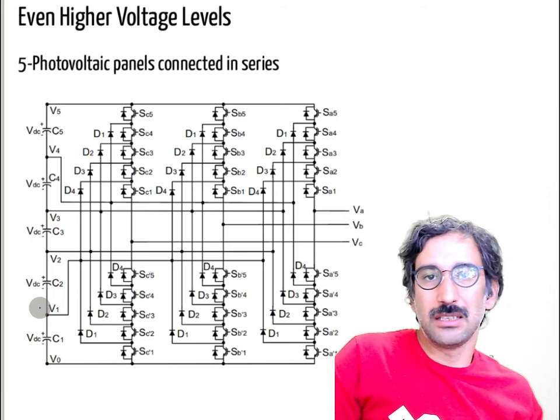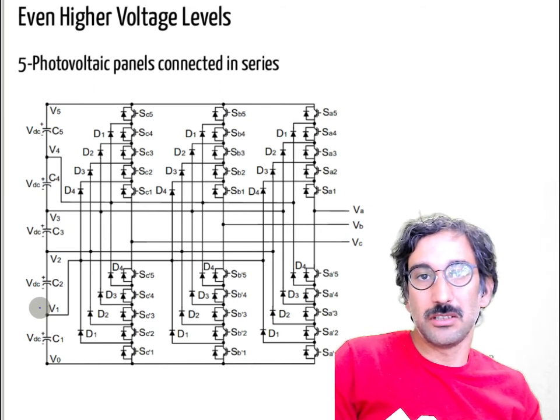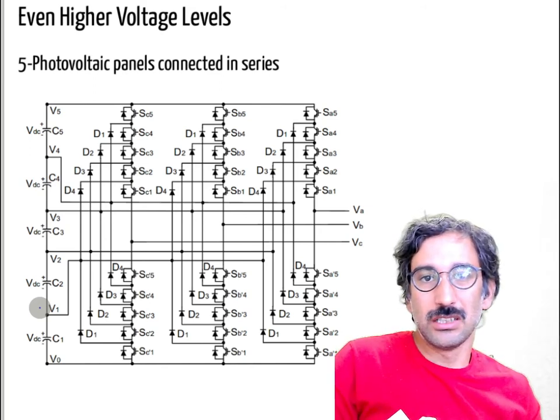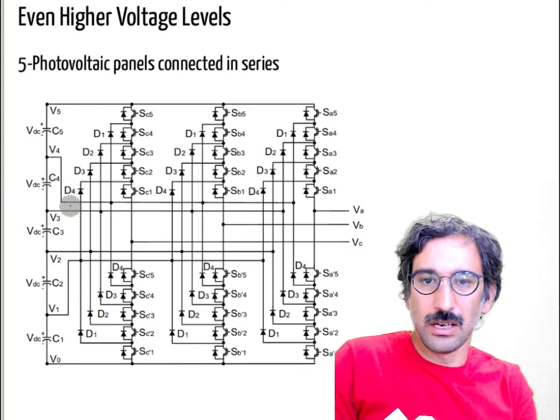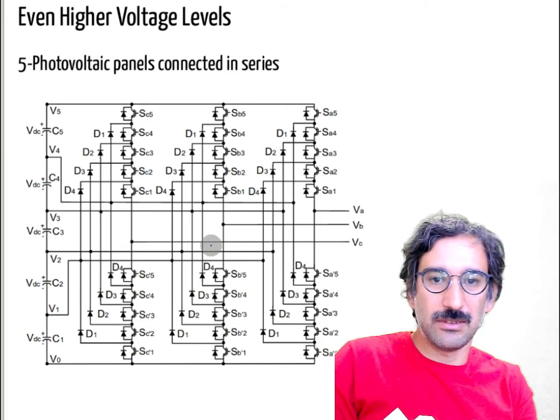So this can easily be in the order of several or hundreds of kilowatts, or even megawatt range photovoltaic inverters. So now you have 1, 2, 3, 4, 5 transistors in series, and you have 3 half bridges, so you have your connections through VA, VB, VC.